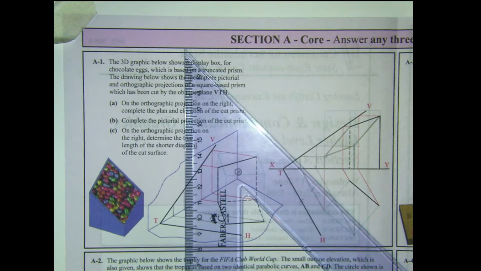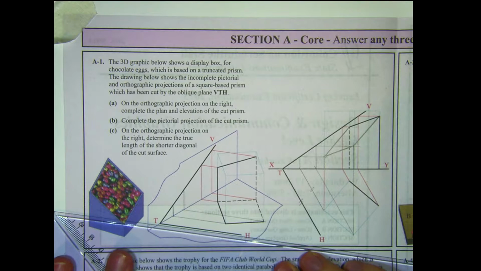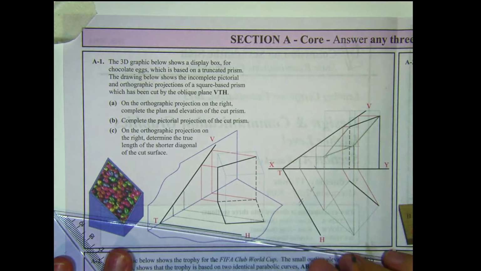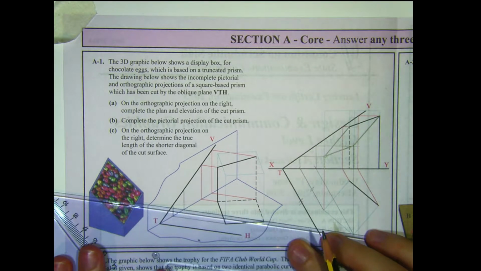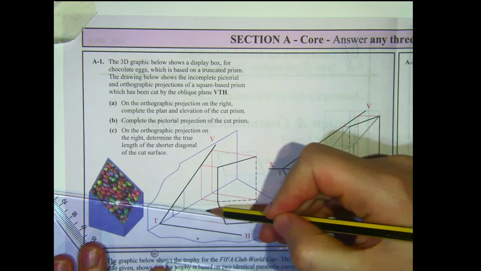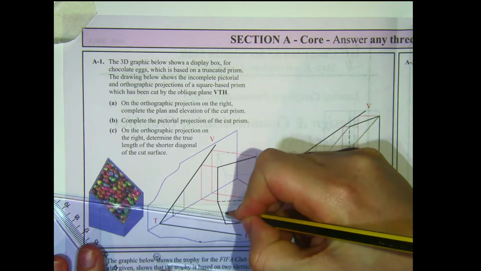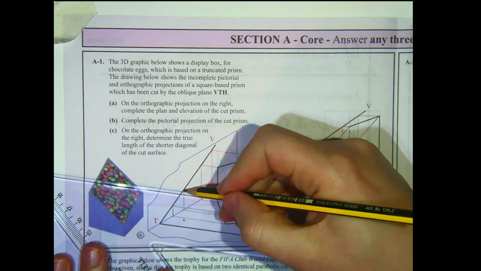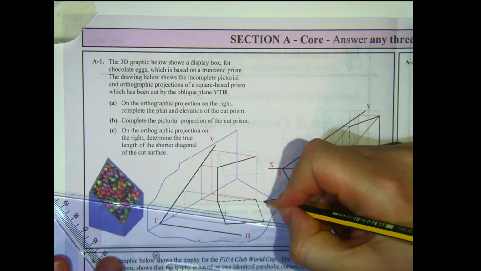And then out again parallel to HT to intersect a line directly above the point. So that's this line here coming out along. That gives me this point here, and for the other one here at the back, that's this point.